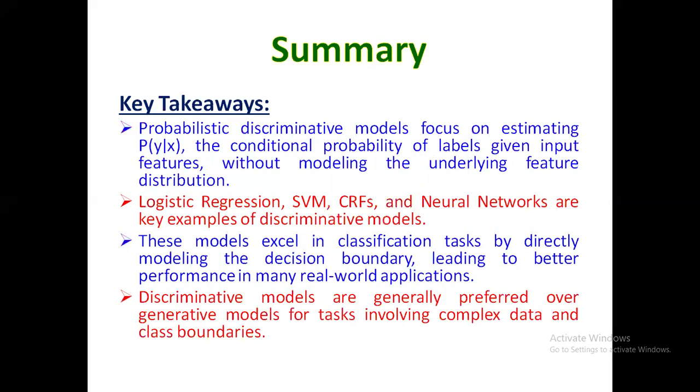Next, coming to the summary, what are the key takeaways of these models? Probabilistic discriminative models, including logistic regression, SVM, CRFs, and neural networks, are powerful tools for classification tasks. These models directly estimate the conditional probability of y given x without making assumptions about the distributions of the input features.